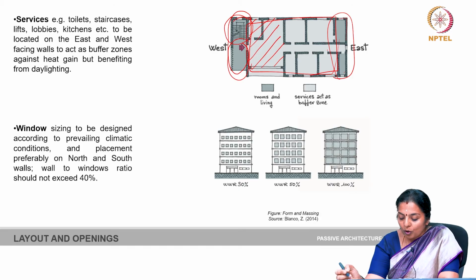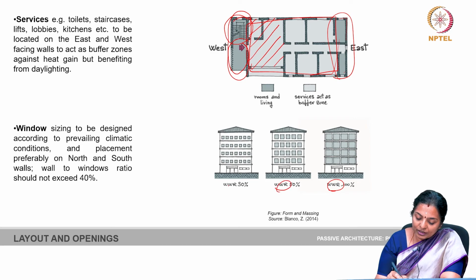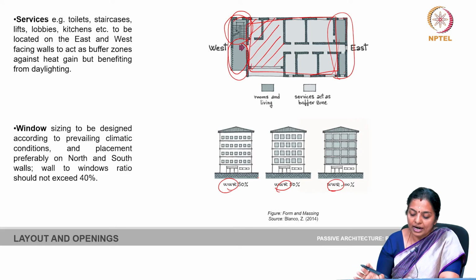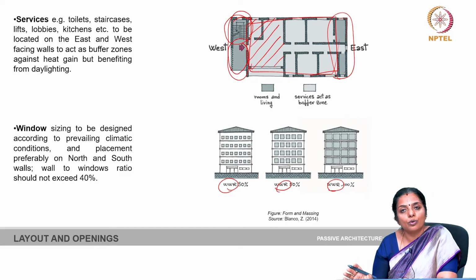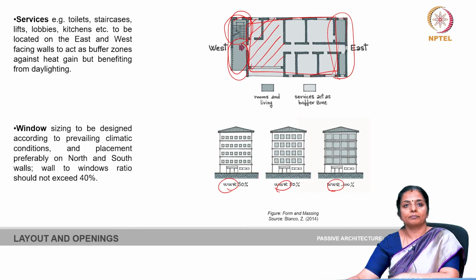The window to wall ratio is an indication here. You can see that 30% seems to be nominal. Visually, 30% seems to be a normal percentage as compared to 50% or 100% window to wall ratio area of openings.